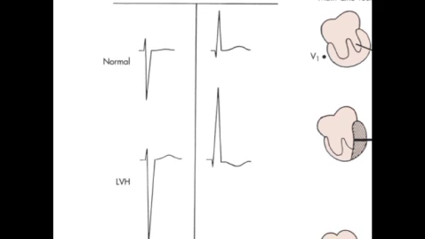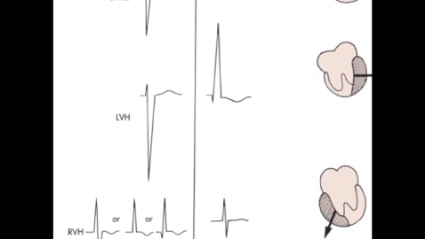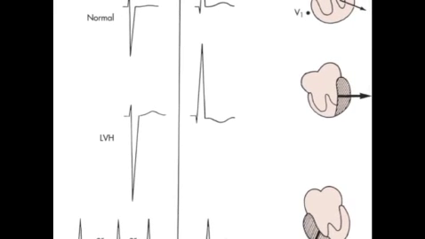What's happening in left ventricular hypertrophy? The septum will be more hypertrophied and enlarged, so we expect the vector, or the amplitude, to be bigger. You see here the amplitude in left ventricular hypertrophy will be bigger in both V1 and V6.